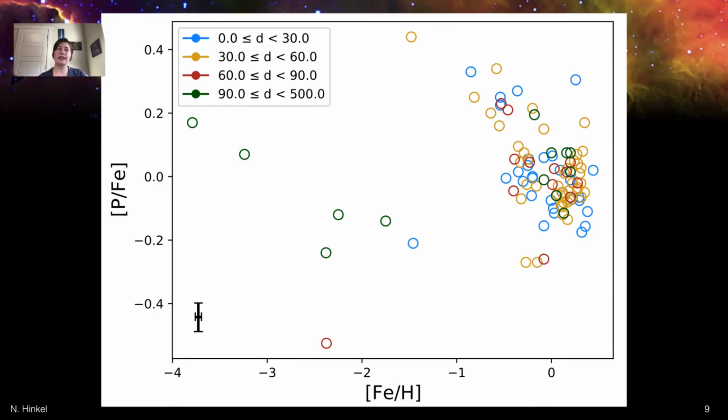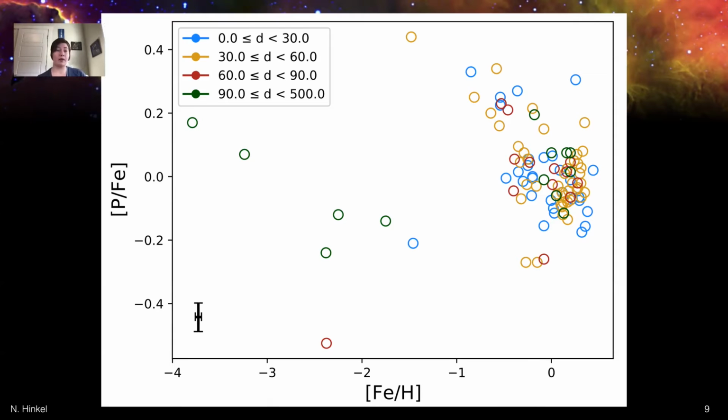All of these elemental abundances are normalized to the sun. But then you have a variety that are actually rather iron poor, so you're in the negative part of the iron axis, but some of those are phosphorus rich with respect to the sun, which is fairly interesting, although some of them are both iron poor and phosphorus poor. This is generally the sample that we see when we're looking at the phosphorus measurements for all known stars with phosphorus measurements.